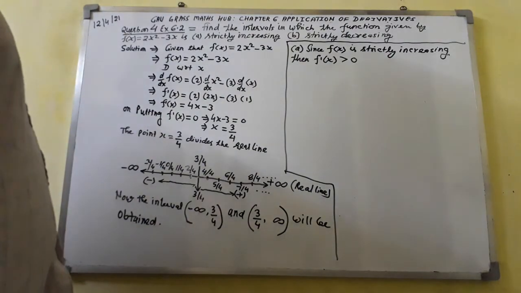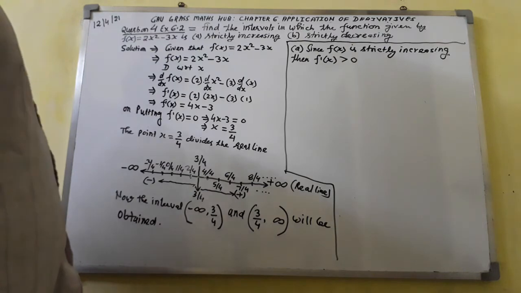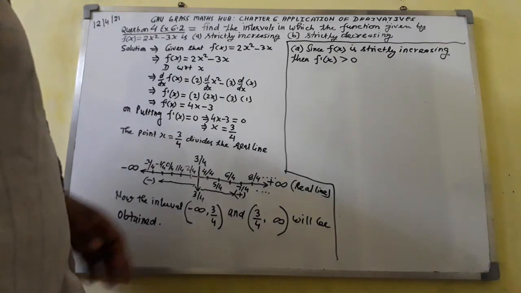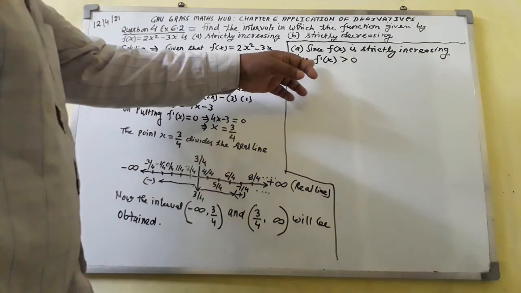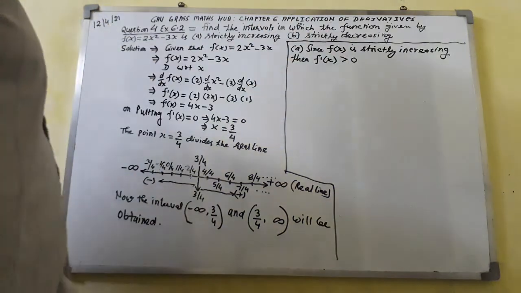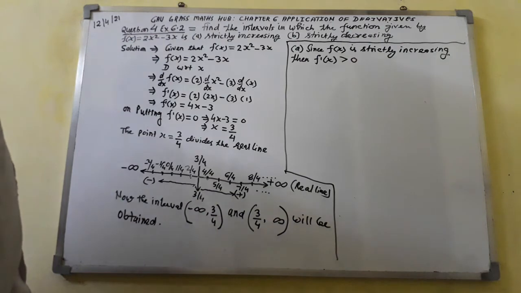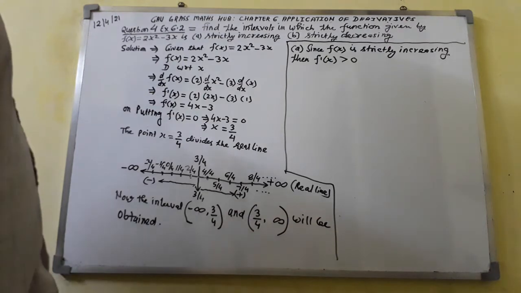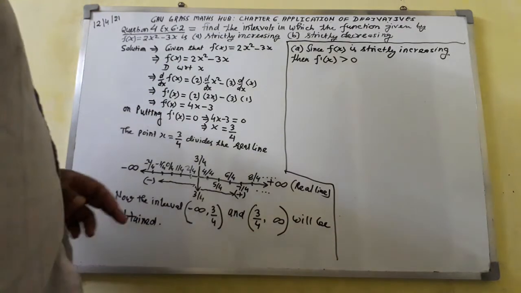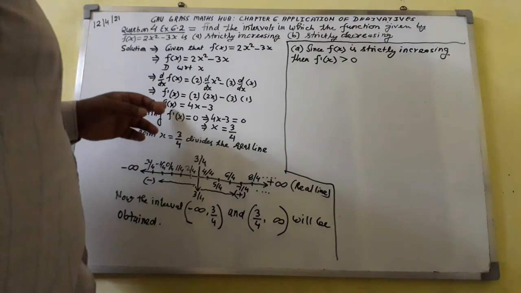So what to do next? Next, I have to judge whether f dash x is greater than 0, and take the interval in which f dash x must be greater than 0. So now I shall write here f dash x.